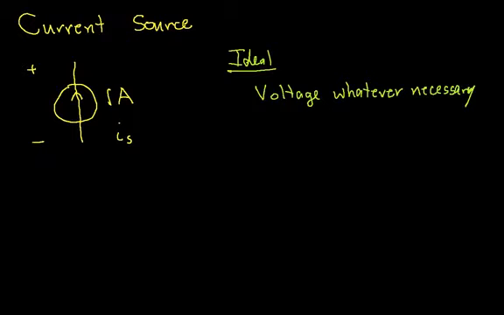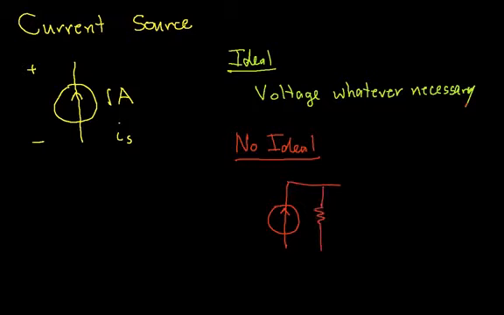Now, non-ideal sources. Just as I can represent a battery or some other non-ideal source as a voltage source connected to a resistor, I can represent a non-ideal current source as a current source connected in parallel to a resistor.